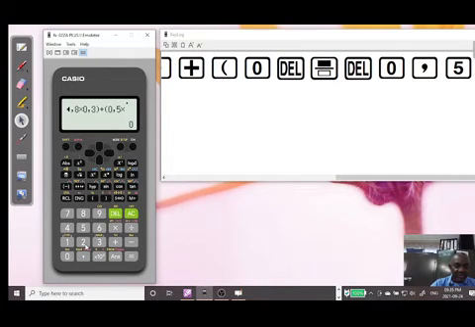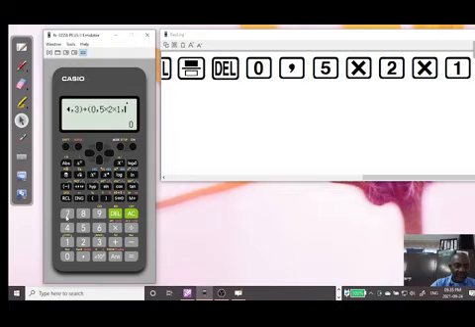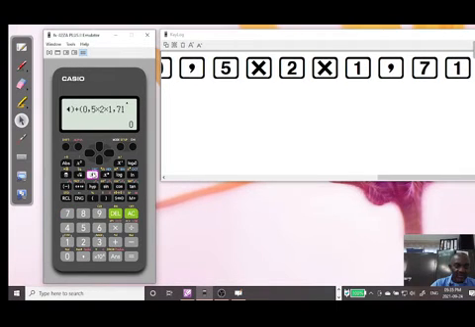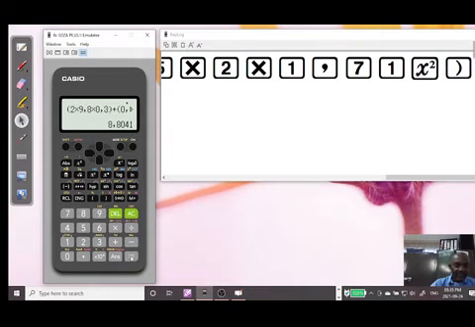Mass, which is 2, multiplied by 1,71 squared. And close the bracket. Okay, so what's our answer here? The answer is 8,8041.